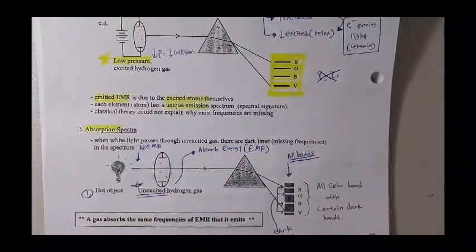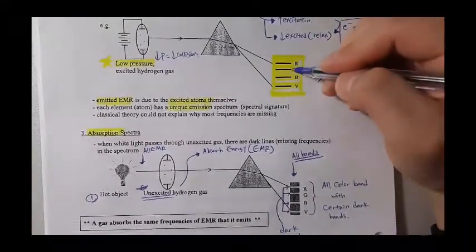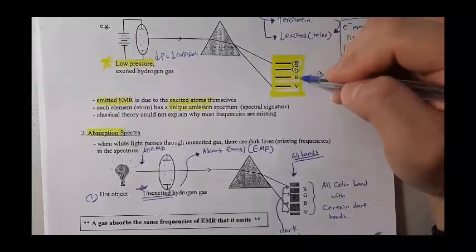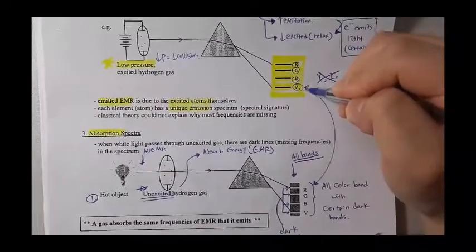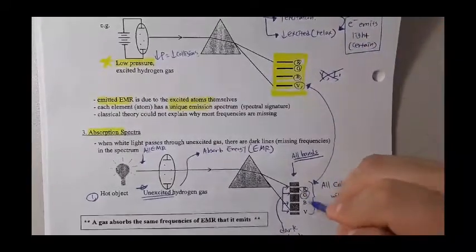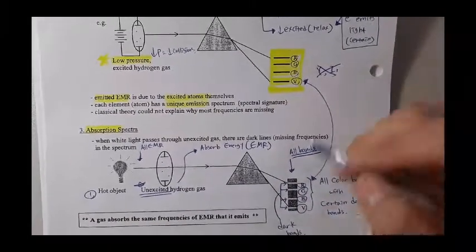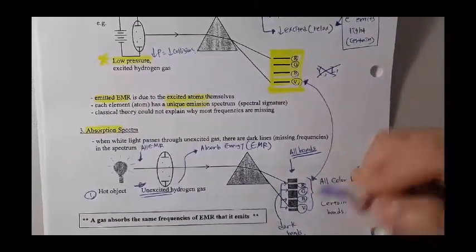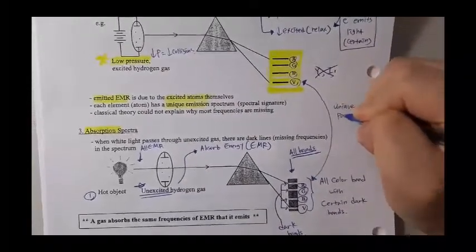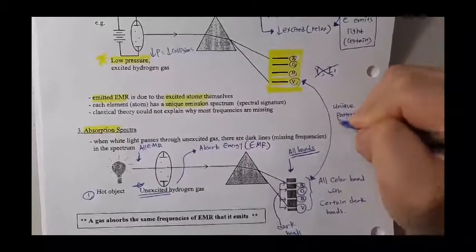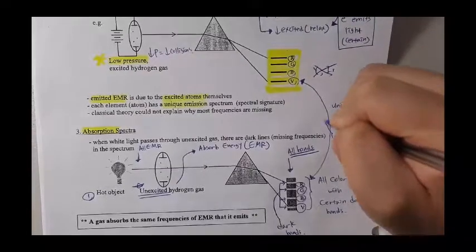Now you may notice, and I did it on purpose, can you see I put excited hydrogen, unexcited hydrogen? I want you to look at the result. You may see that there is nothing but color bands for red, green, blue, violet. Can you see and compare the result for the absorption spectra? You may notice that at this point, red, green, blue, violet also. So I like to say a unique pattern for each atom is what I want to point out.